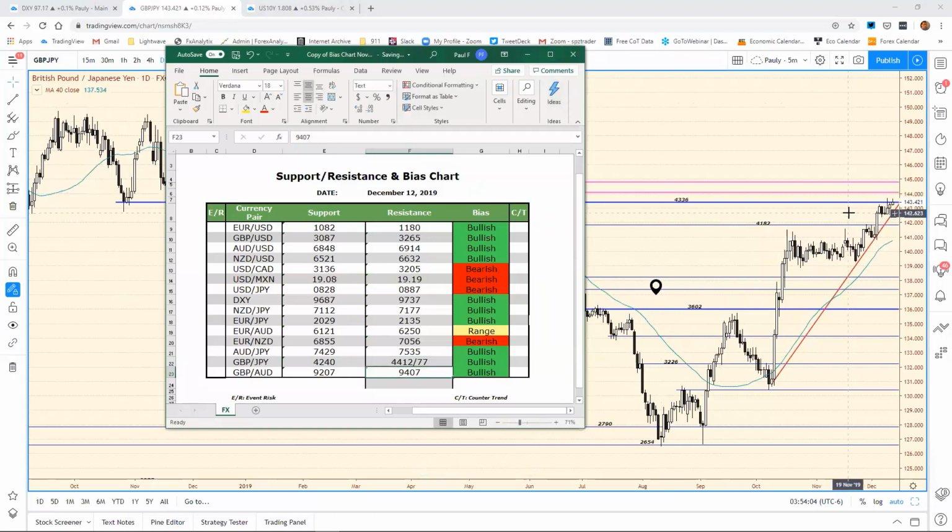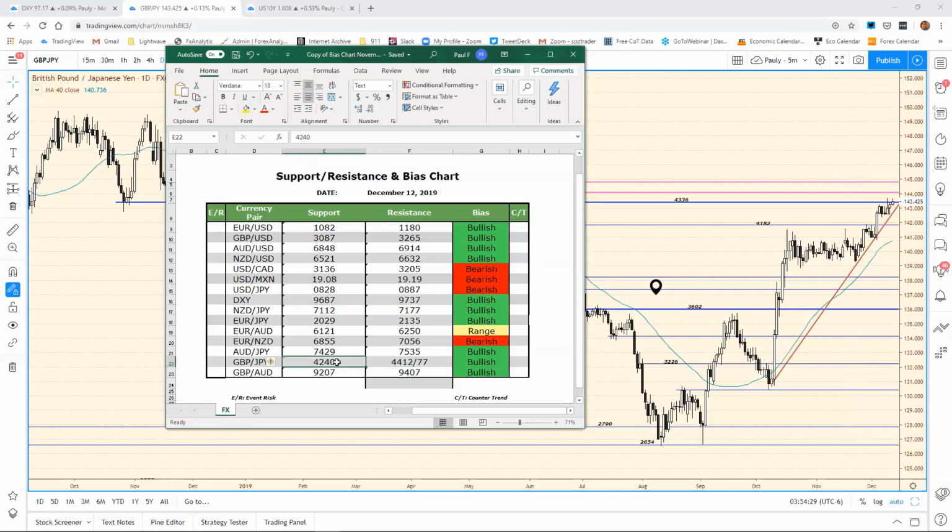Support on the downside is going to be, okay, let's go 42.41.